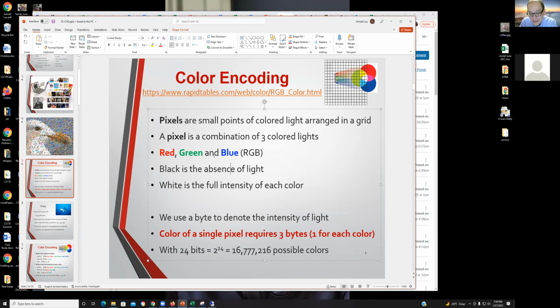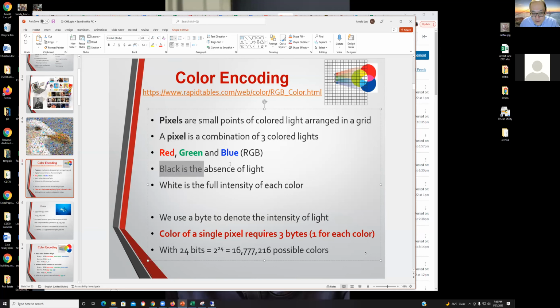But the idea is kind of similar. So you're mixing shades of red, green, and blue to come out with anything varying from black to white, and anything in between. That's what they mean when they say a pixel is a combination of these three color lights, and then you have a whole bunch of them all across the screen.